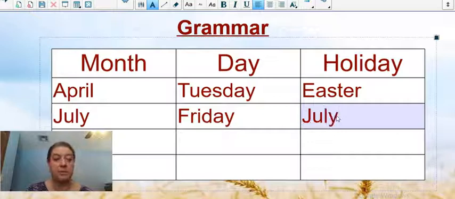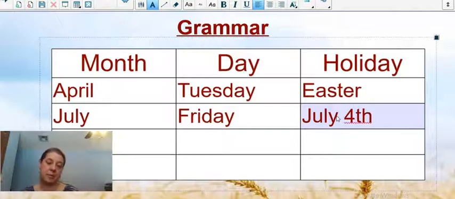So we would still have to capitalize July, and then we would put 4th like that. So just know that any month that you write, you have to write it with a capital letter. Any day that you write, you have to write with a capital letter. And any holiday that you write the name of, you have to start it with a capital letter, because all of those are proper nouns.